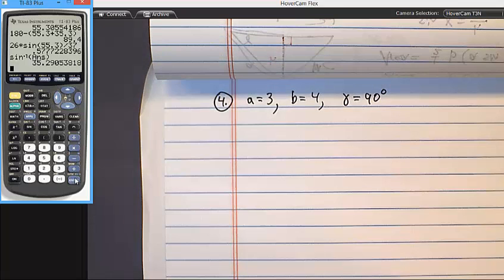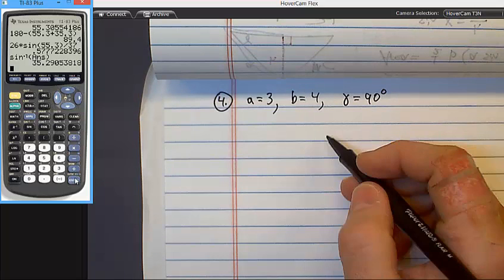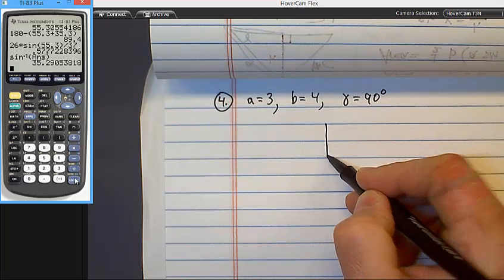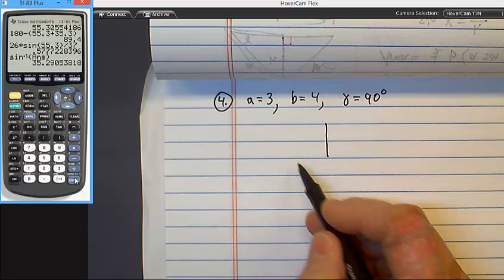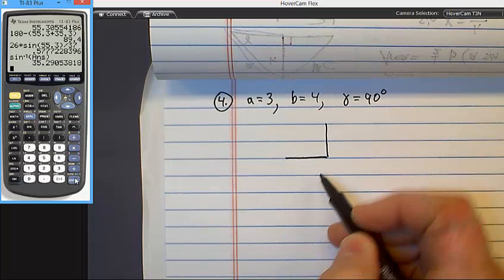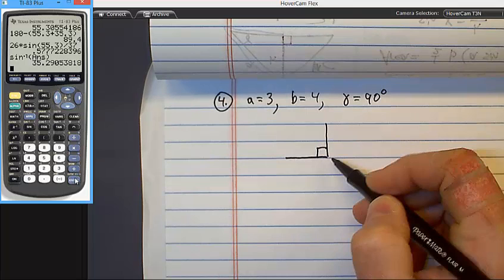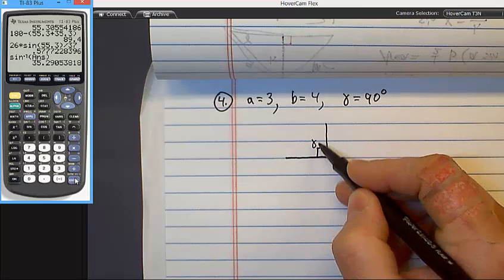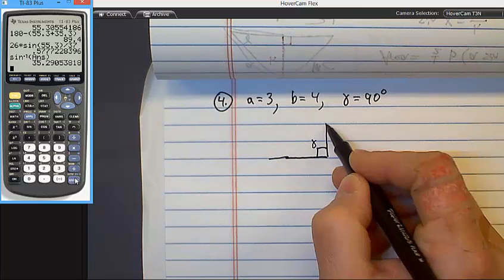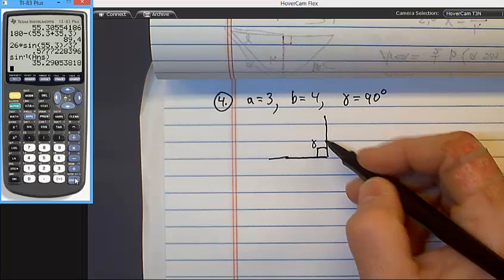All right, so I'm going to draw a picture. Of course, angle gamma being 90 degrees means what kind of triangle do I have? I have a right triangle, right? That's gamma, right? And I have 3 and 4.